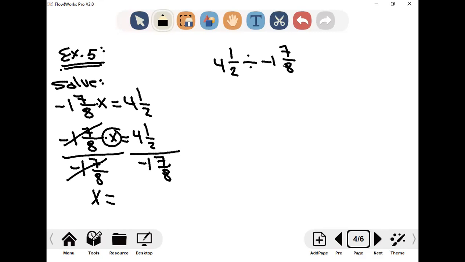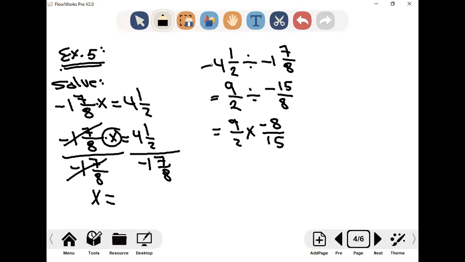I will turn it to fractions. Yalla. 2 times 4, 8 plus 1, 9 over 2 divided by 15 over 8. Now 9 over 2, negative 8 over 15, right? So multiply. Now we took this in rational numbers, remember?